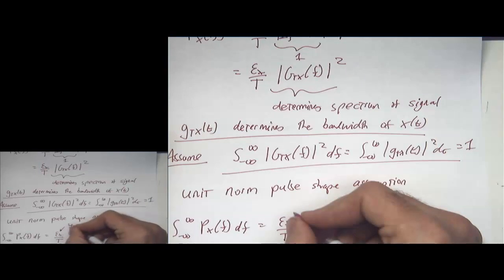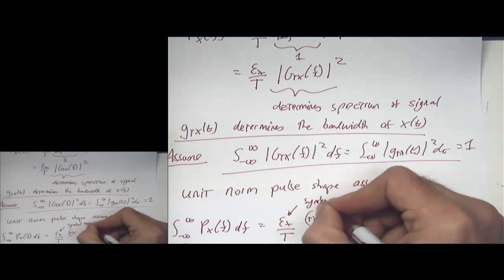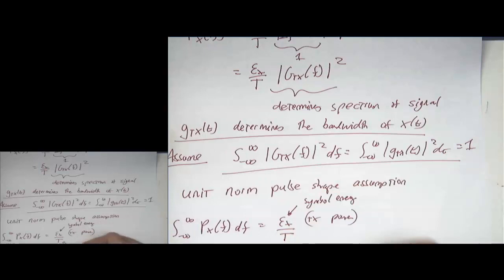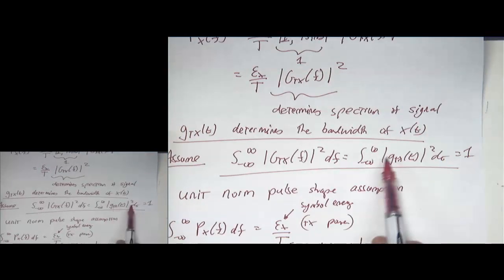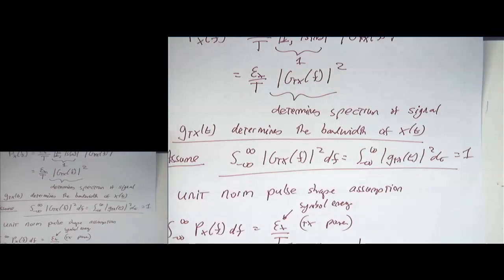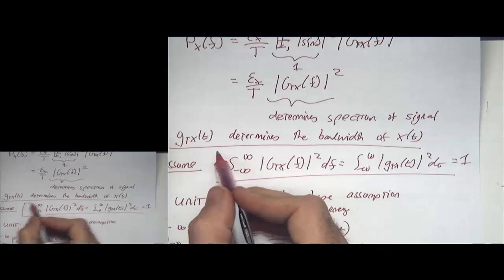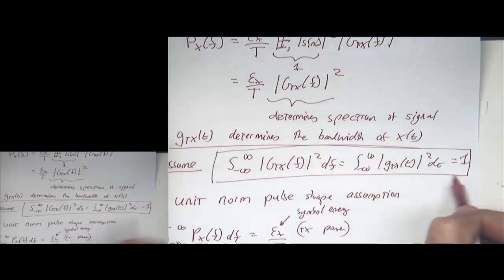So this is symbol energy. All I'm saying is that we're going to normalize that pulse shape so that it doesn't add any energy into the signal. And this is perfectly reasonable for the same reasons it makes sense to normalize the signal power of the constellation as well. So keep in mind that we will need this constraint at some point.